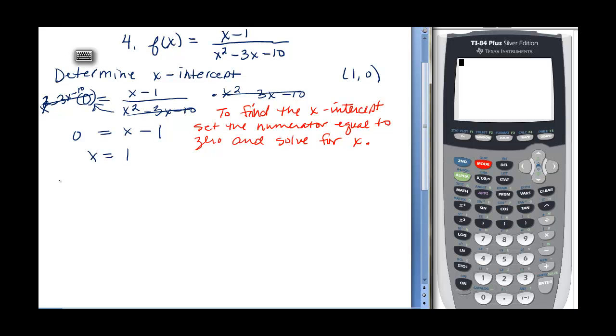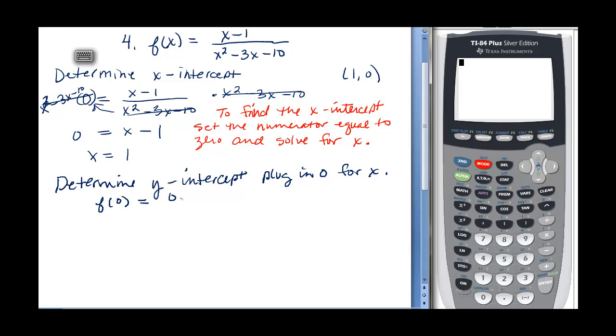So to determine the y-intercept, just like we did with our quadratics and linear functions as well, we plug in 0 for x. So here we would have f of 0 is equal to 0 minus 1 over 0 squared minus 3 times 0 minus 10.